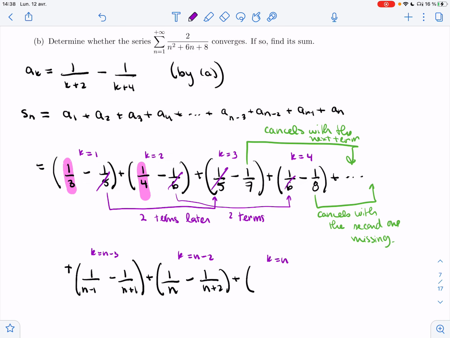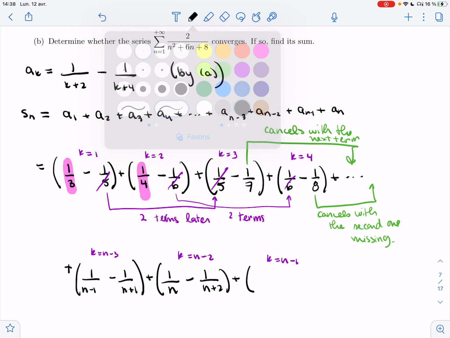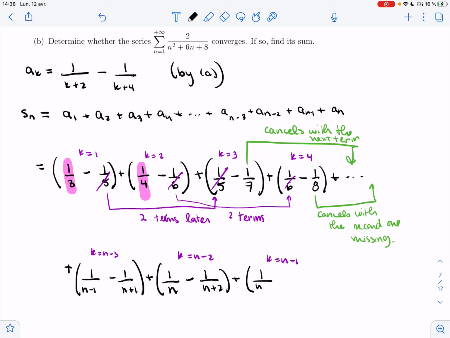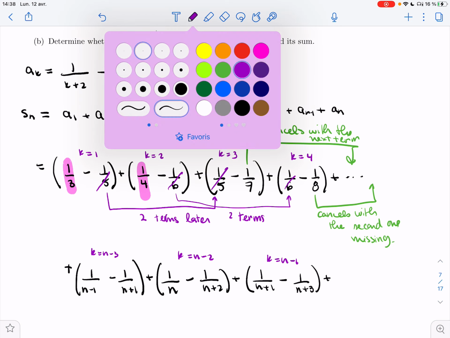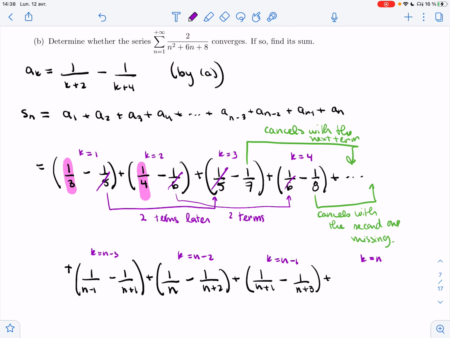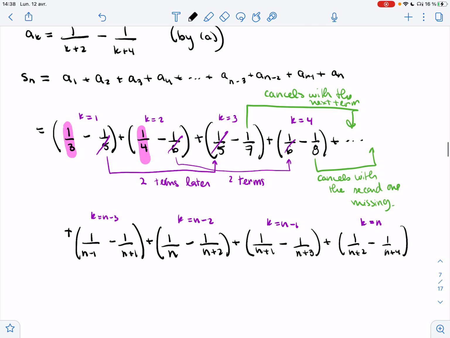Then k equals n minus 1: 1 over n minus 1 plus 2, and 1 over n minus 1 plus 4. And at k equals n, we have 1 over n plus 2 minus 1 over n plus 4. We've written all the terms we need.